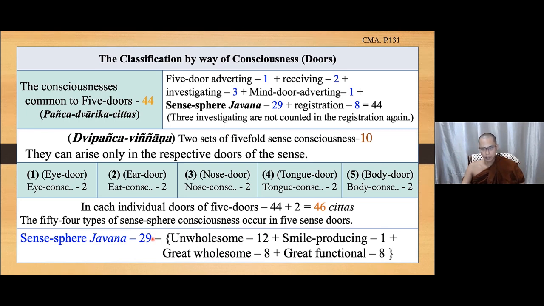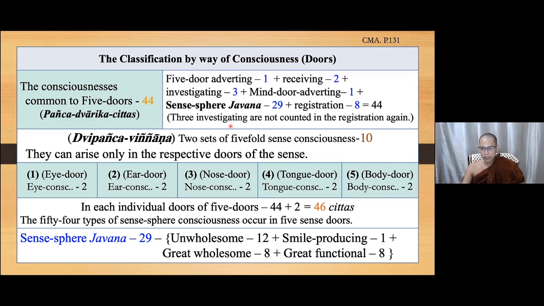That is why we reinforce that by the usage of sense sphere javana, Kamavacara javana, 29. And registration 8. Here, why? The registration must be 11 according to the compendium of functions. But here, the investigating 3 are already counted.